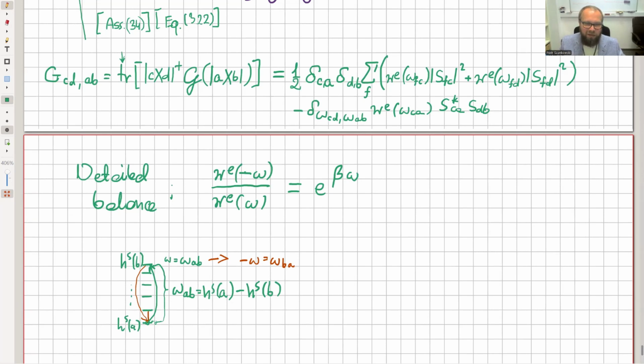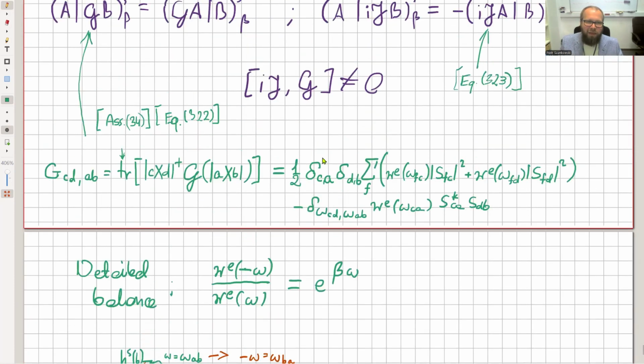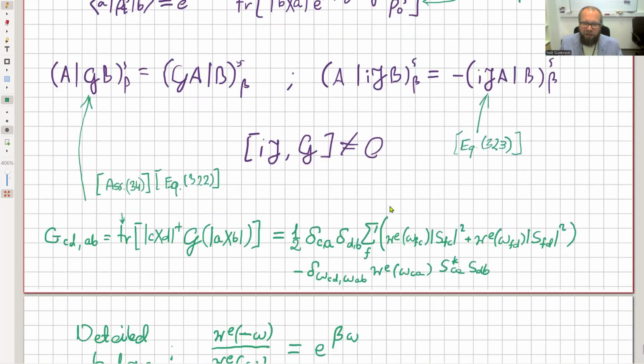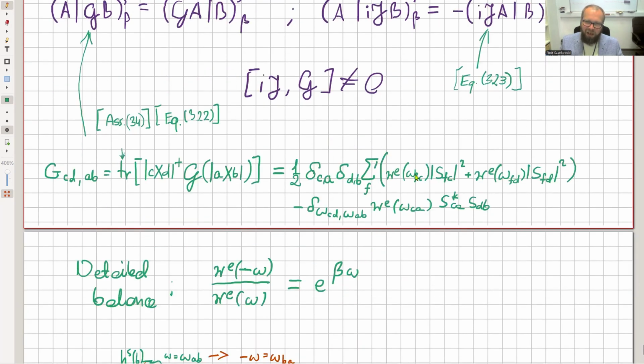It's this very special form. So this is detailed balance, quite an important thing, because it basically appears in every piece of our generator of evolution. This detailed balance implies a lot of special symmetries for J, G, and M, and all the other pieces of the generator.